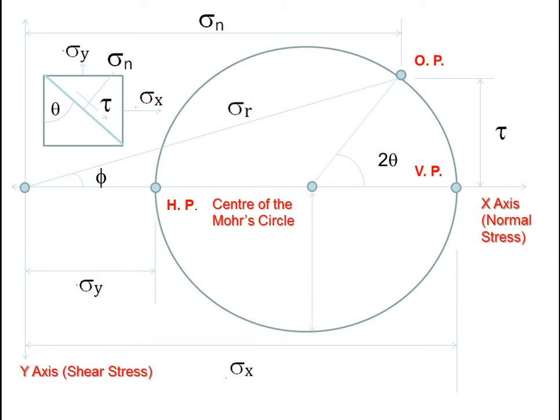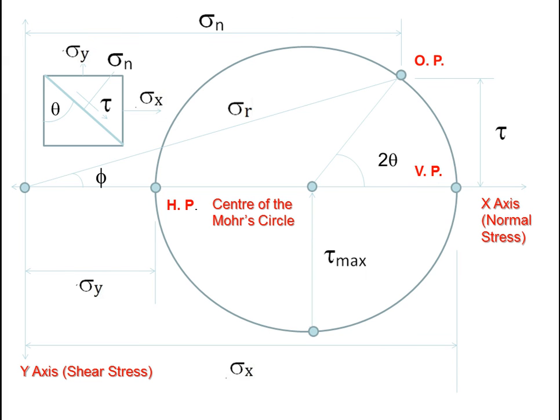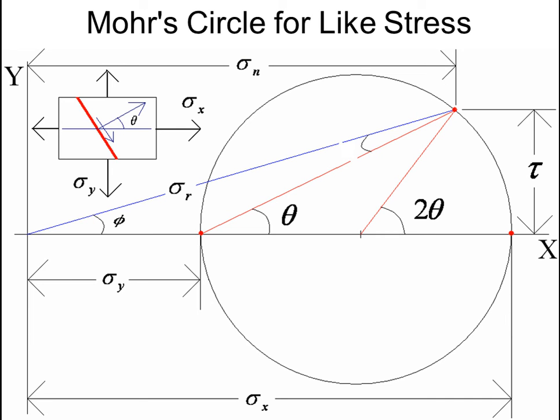So this is the way we will draw the oblique plane and the necessary stress values, and the maximum and minimum shear stress values at the two opposite diagonal planes. The angle between the vertical plane and this maximum shear plane is 90 degrees, and the Mohr circle for the given stresses finally looks like this figure.